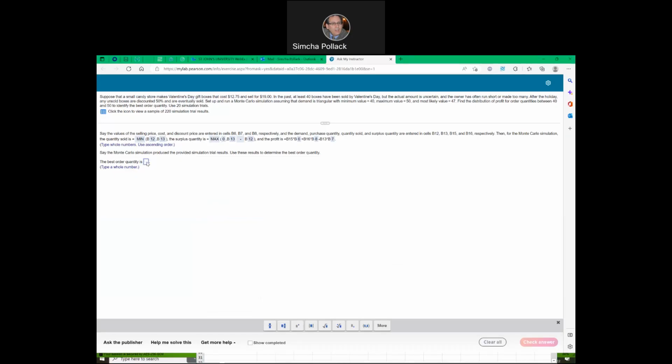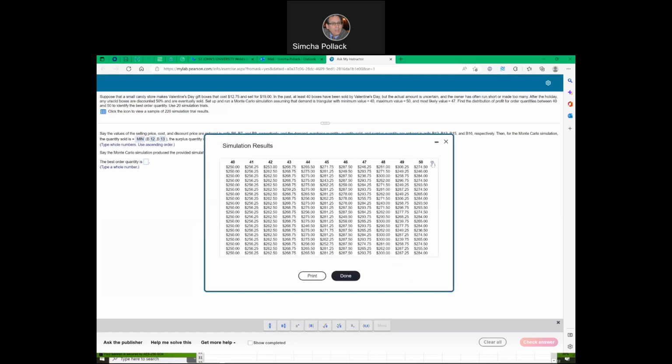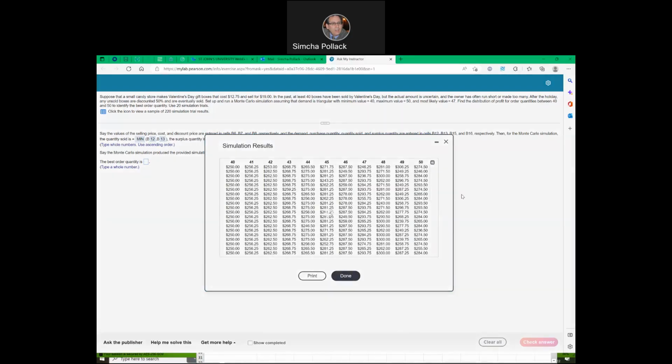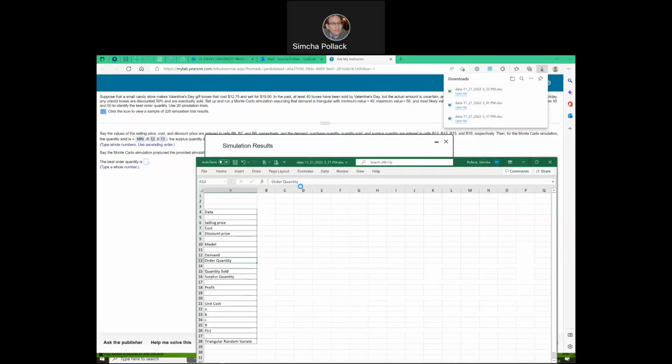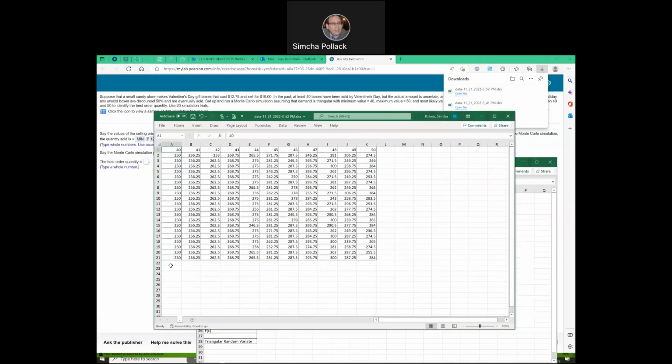Now comes the Excel part of it. Let's go back to here. So we open the data file. We want the average. These are the means of these columns.